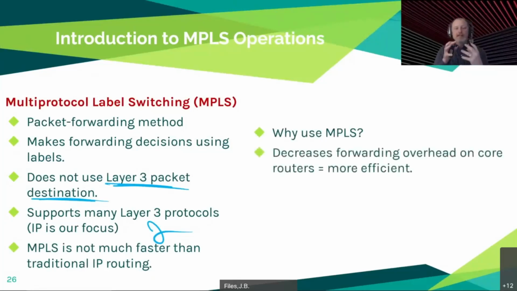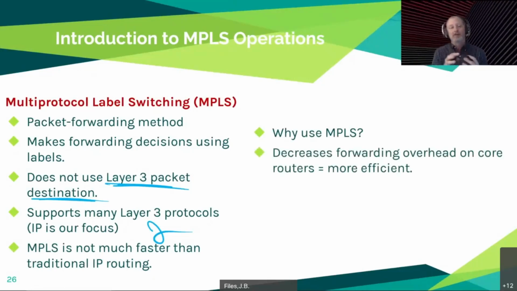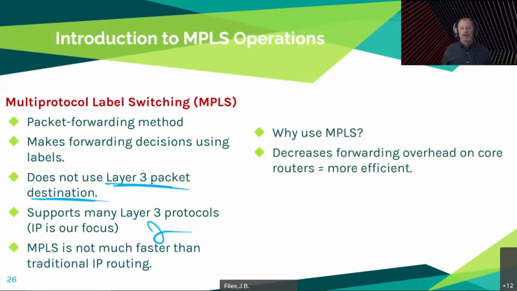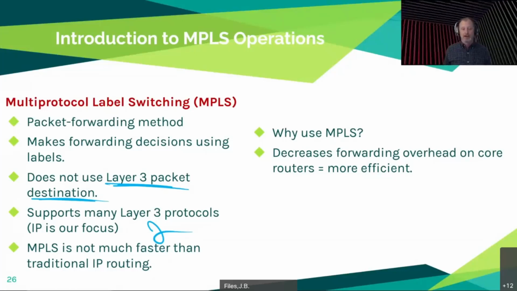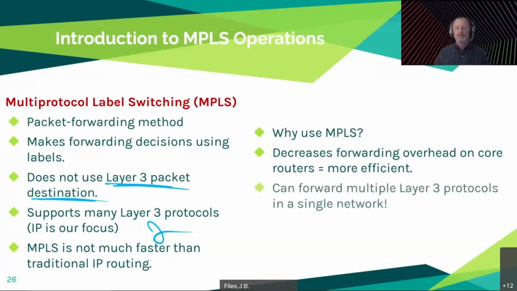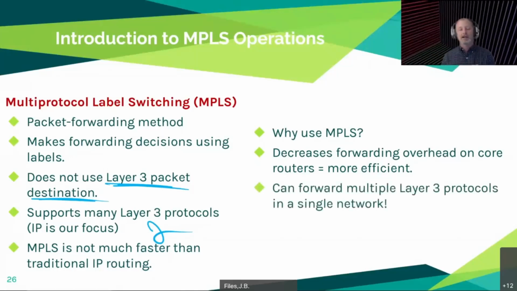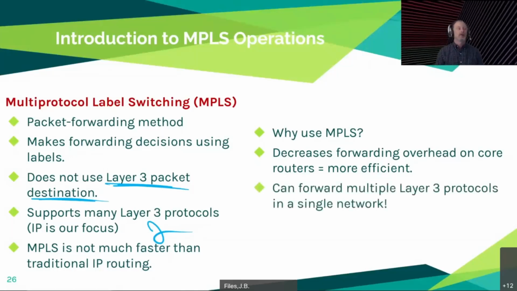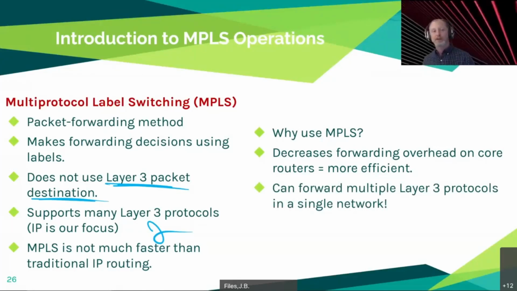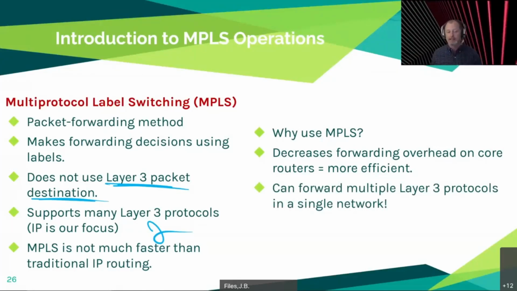Well, if your service provider routers are routing lots of different protocols and different customer routes, this simplifies it. We can forward all of that across a single network, regardless of what we're forwarding, whether it be frames, IPv6 packets, or IPv4 packets. It doesn't matter.